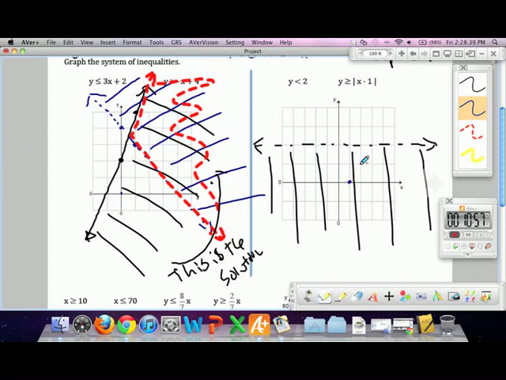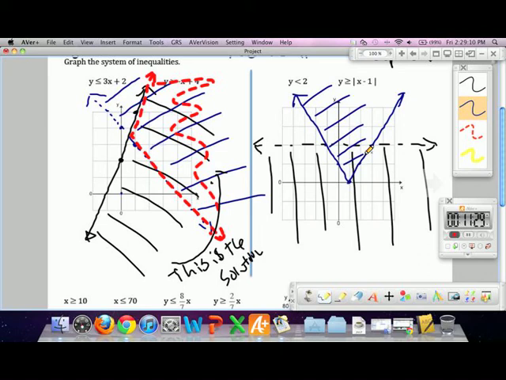And it's solid lines because it's or equal to. Then you could pick a test point, say 0, 0. Is 0 bigger than the absolute value of negative 1? No. Is 0 bigger than 1? No, 0 is not bigger than 1. So we'll shade this area.